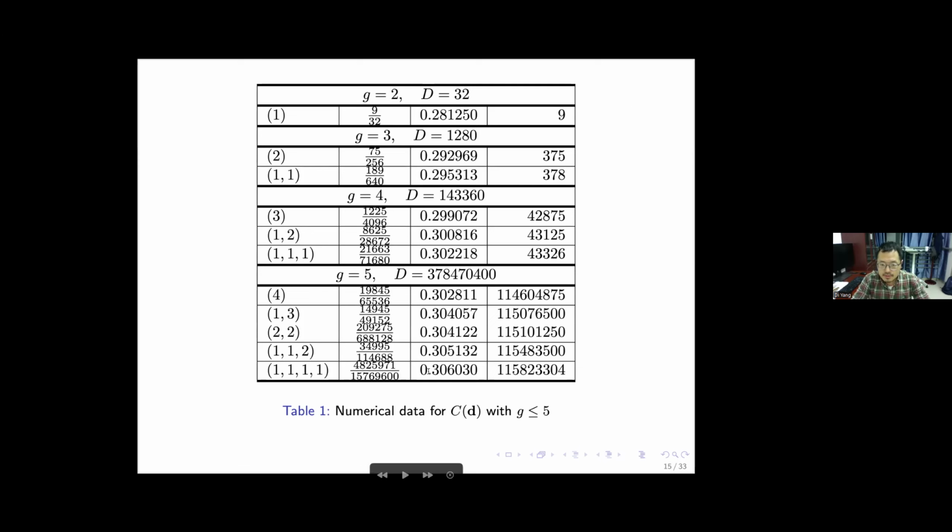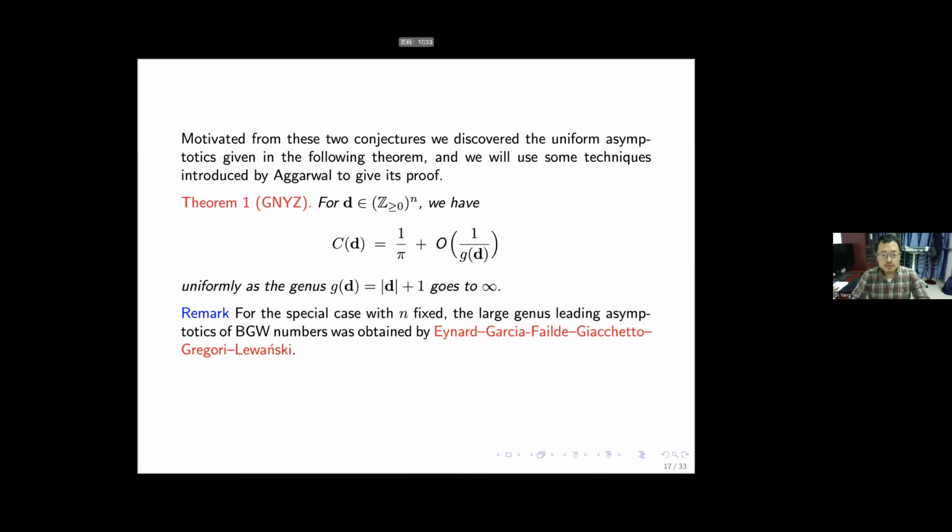So this number 0.3060 and so on will go to 1 over pi. This is the first theorem, and this uniformity is the complete uniformity.